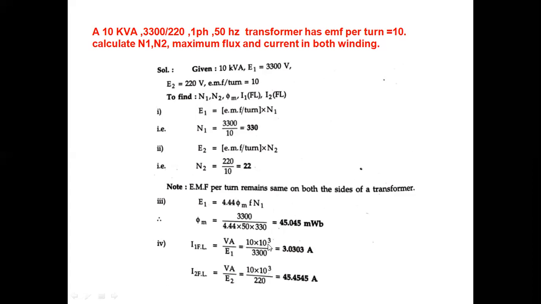So 10 into 10 raised to 3 upon E1 will give the answer for full load current in the primary winding. Same way for current in the secondary winding. Remember the power rating will not change whether the winding is primary or secondary. So in both formulas VA is 10 into 10 raised to 3.